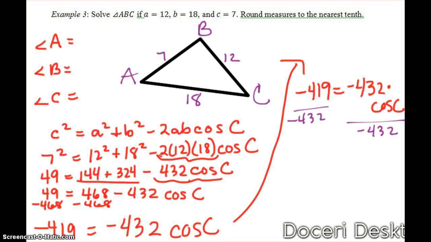And that gives me cosine of C equals negative 419 divided by negative 432.